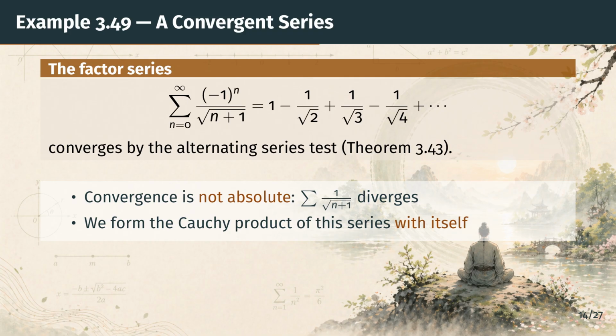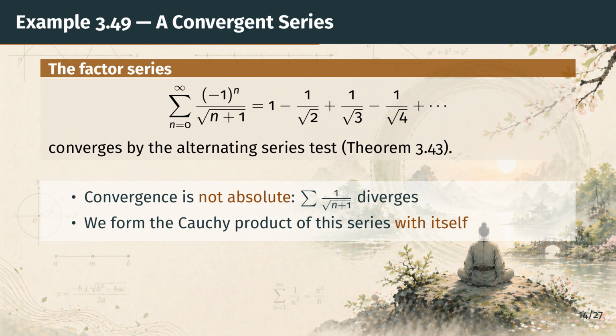Here is the series we will use, shown in the orange box. Its terms alternate in sign, and their absolute values, 1 over the square root of n plus 1, decrease monotonically to 0. So Theorem 343, the alternating series test from the section on summation by parts, applies and the series converges.